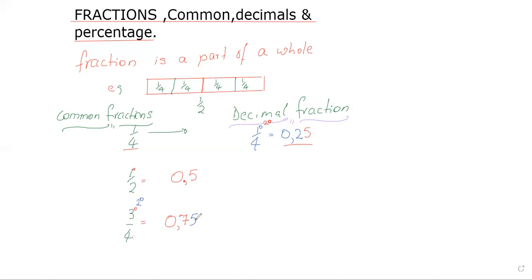Now, we should be in the position to move from a common fraction into a decimal fraction, as well as moving from a decimal fraction back to a common fraction. Let's see what happens when you move from a decimal fraction to a common fraction.